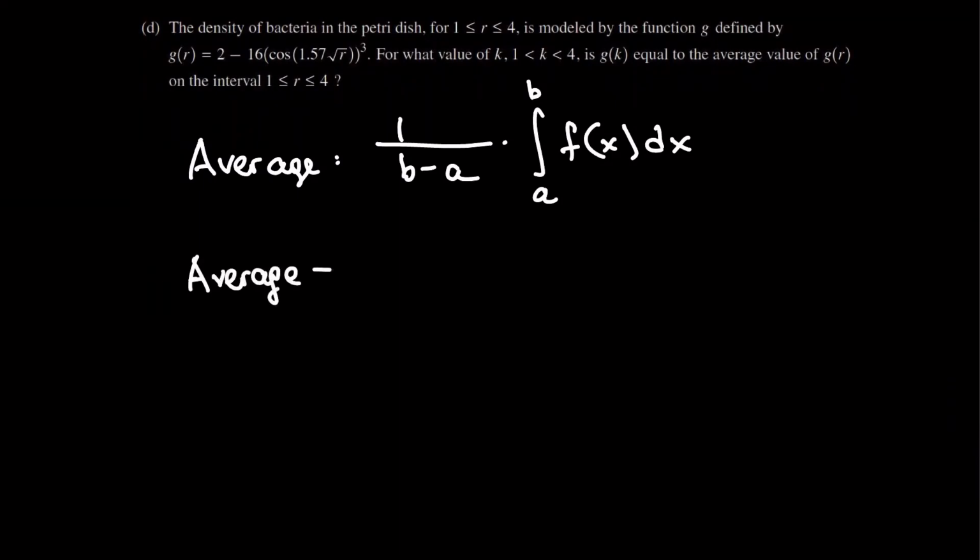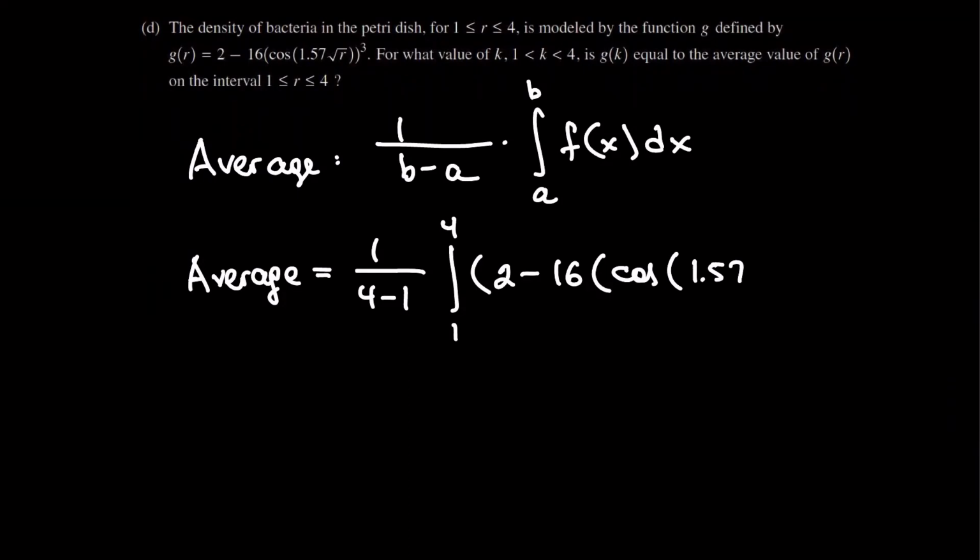In our case here, the average is equal to 1 over the endpoints, 4 minus 1, integral from 1 to 4 of the function G of r, which is 2 minus 16 cosine of 1.57 square root of r, close parenthesis cubed, dr. So we will need to use our calculators and calculate this average.